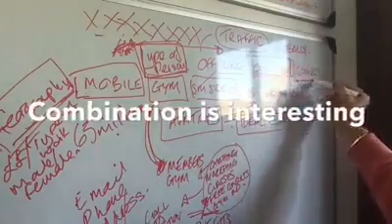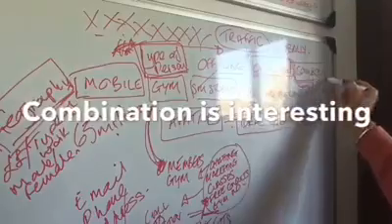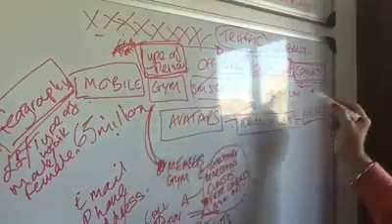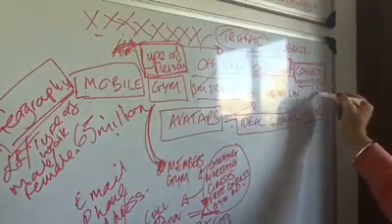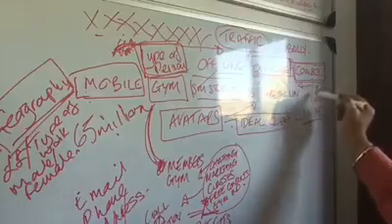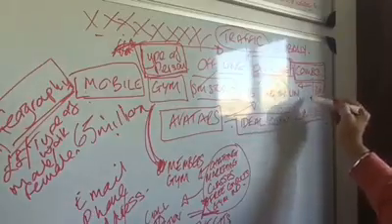Now, this combo is interesting because I meet a lot of people who want to start online businesses, and they're already working offline, and they're seeing it as a second income, or potentially a second income they can develop to become their primary income so they can travel.